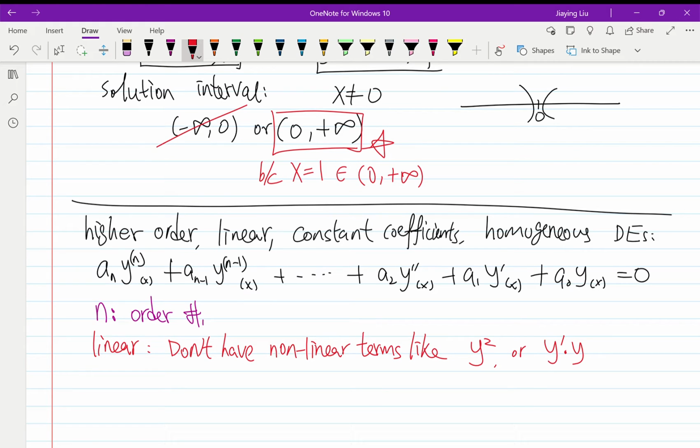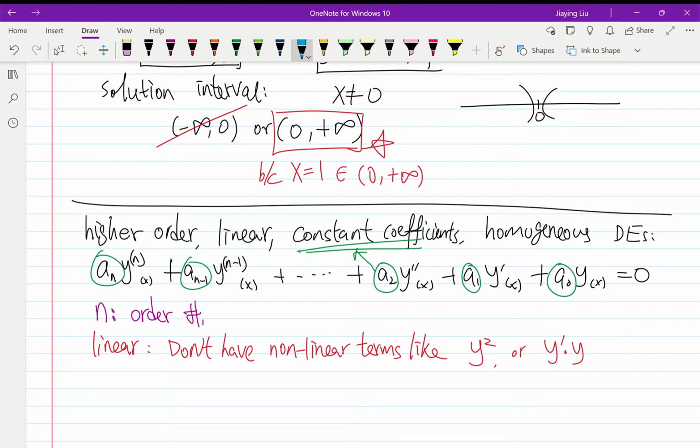And constant coefficients means a_(n-1), a_2, a_1, a_0, those coefficients of y and the derivatives, are all constants.